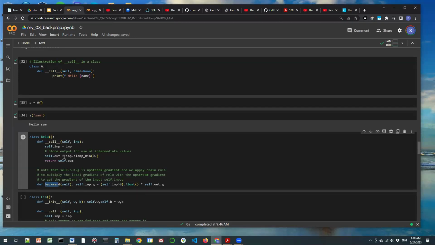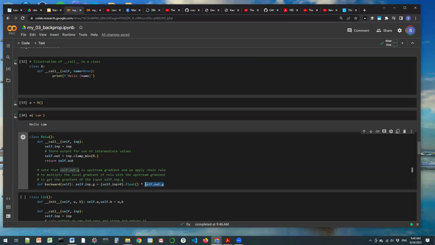We store it in the input gradient attribute. So self.input is the input coming into the ReLU, and we store the gradient in self.input.g. It is exactly the same code, except that we also multiply it by, as we saw when we did the detailed work up above, the upstream gradient that's coming to us.